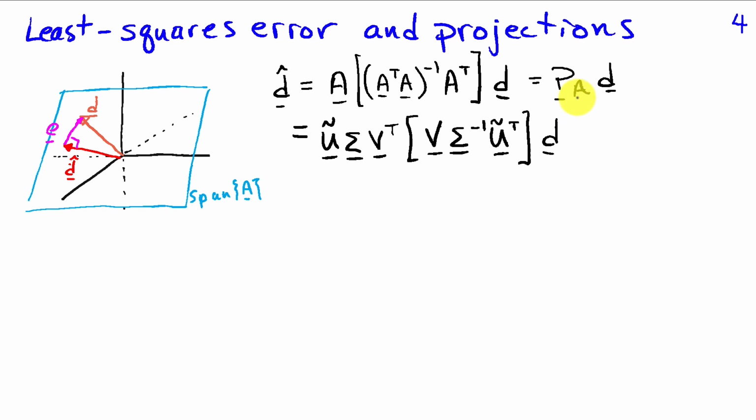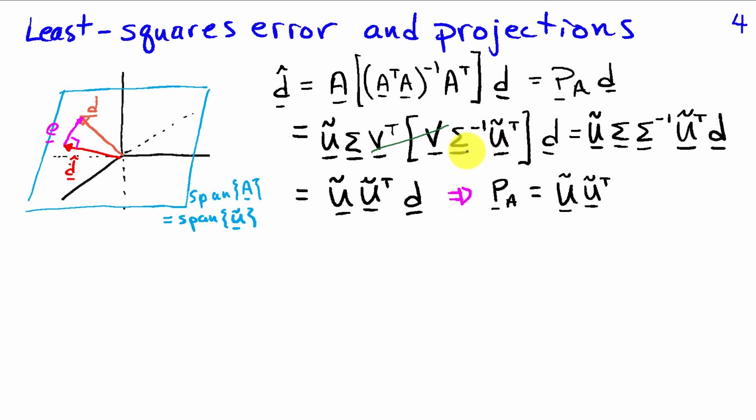Now if we substitute the singular value decomposition for A on the left and this pseudo-inverse, which is in the square brackets down here, we have that D hat is U tilde sigma V transpose times V sigma inverse U tilde transpose times D. Again, taking care of the algebra, we recall that V transpose V is the identity, and then we have sigma times sigma inverse in the middle.